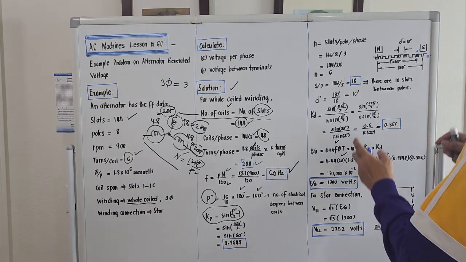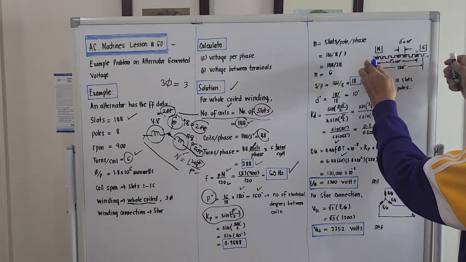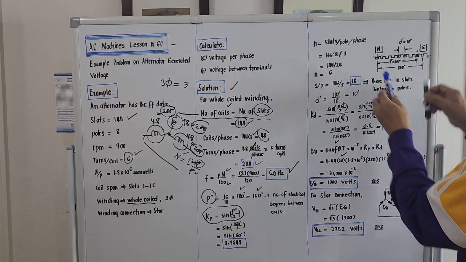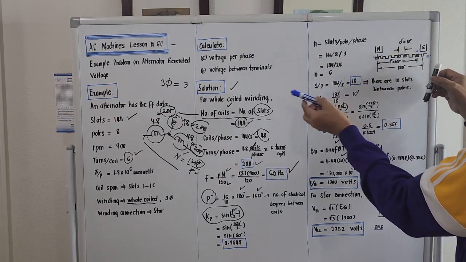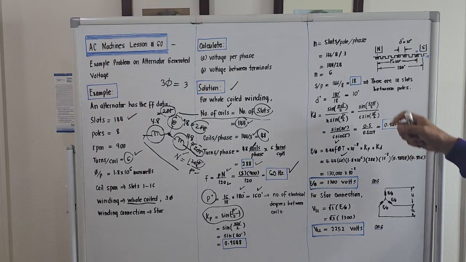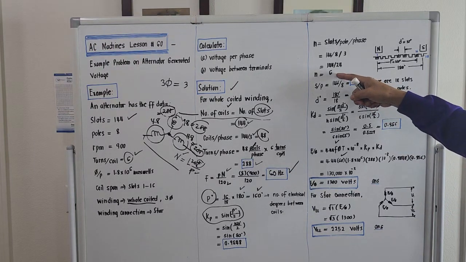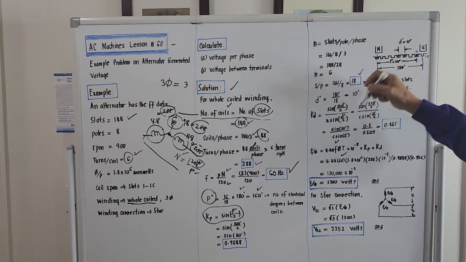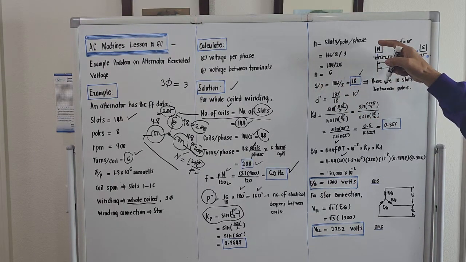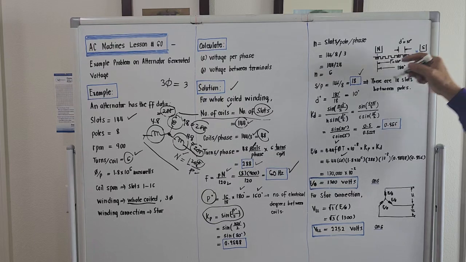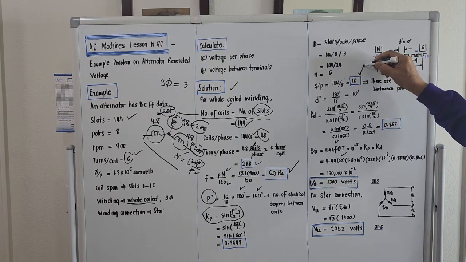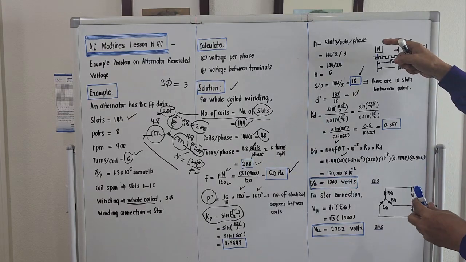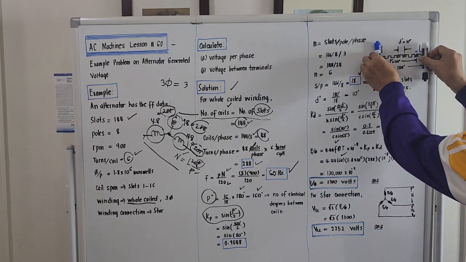So meaning to say, from a north pole and a south pole, there are actually 18 slots. How do we know there are 18 slots? We will just divide 144 by 8. What will come out is that the distance between two major poles is actually 18 slots. So the total number of slots accommodated between a north pole and a south pole will be 18.